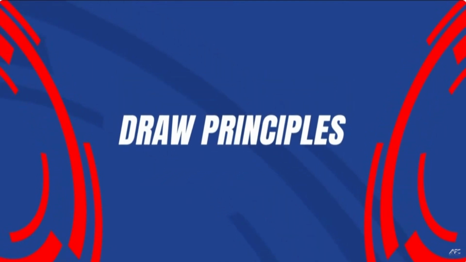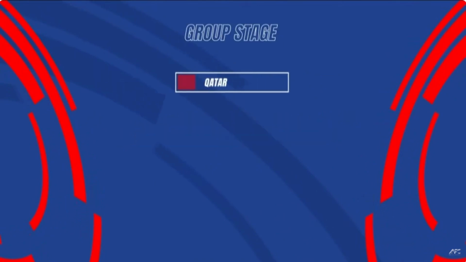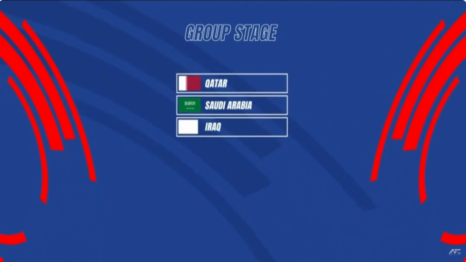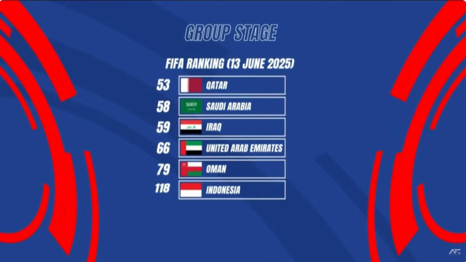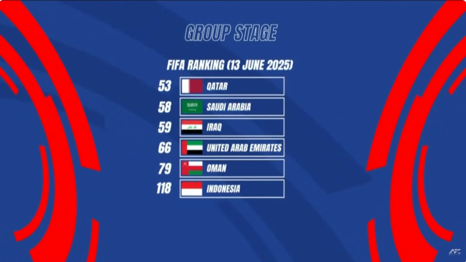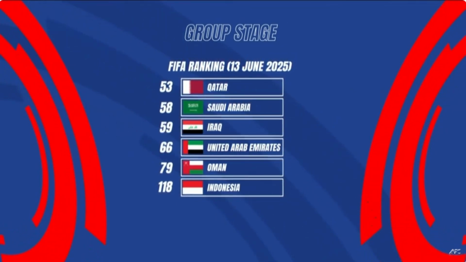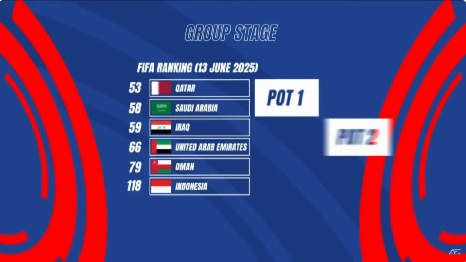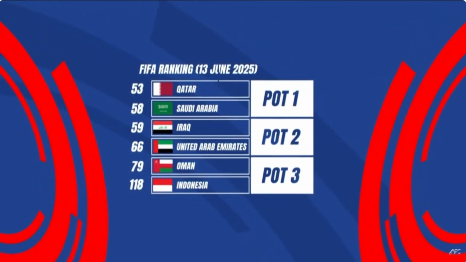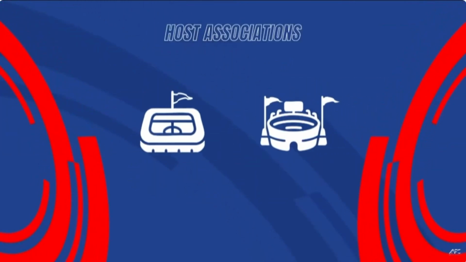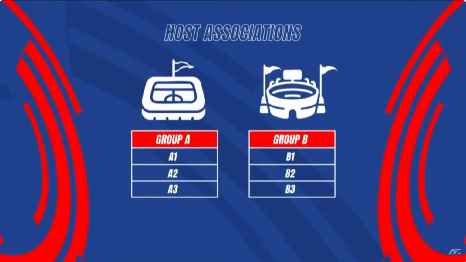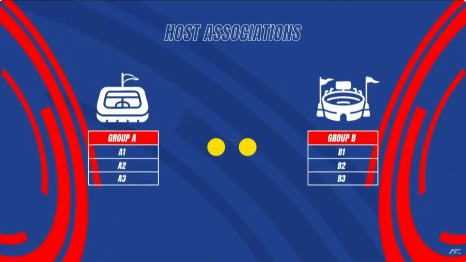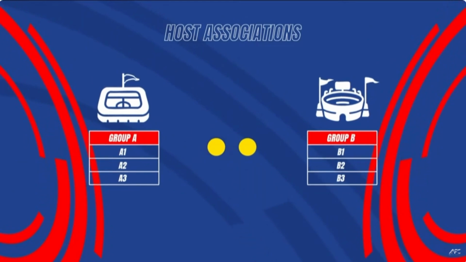Draw principles. Group stage. As advised by FIFA, seedings for the draw shall be based on the FIFA Men's World Ranking for AFC member associations. Consequently, the 6 participating teams are seeded into 3 pots based on the ranking. The 2 host associations of the group stage shall host 1 group each. In view of this principle, the host associations must be drawn into different groups.